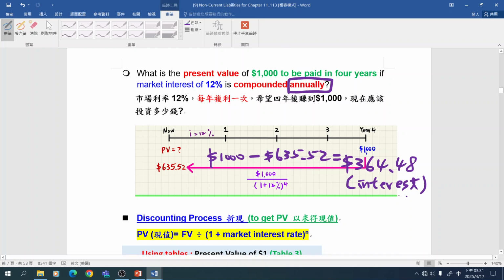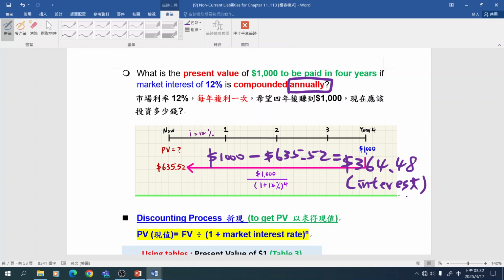So for case 1, did you find out? You put $635.52. You can get the interest $364.48. So after 4 years, you will get $1,000.